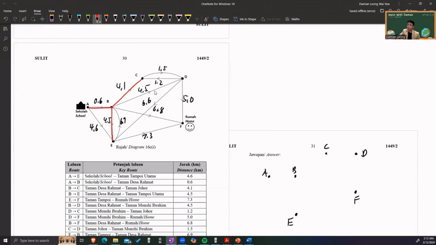But going back to B would be kind of longer. D to F would be the shortest. With E to home, let's see.